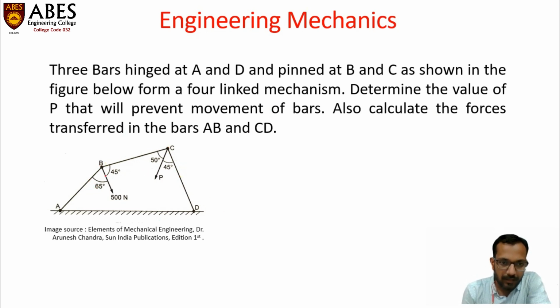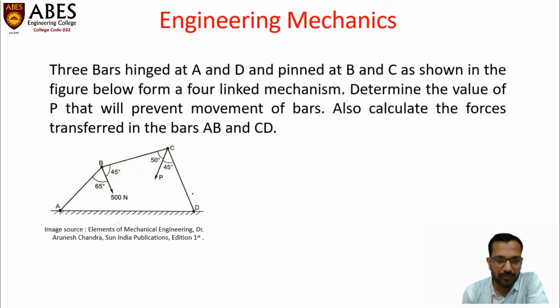Now you can observe the junction B and the junction C are experiencing two forces, 500 Newton and P newtons respectively, and the direction and magnitude of these forces are in such a way that it is going to prevent any type of movement of this 4-bar mechanism. The movement of this mechanism is not possible.